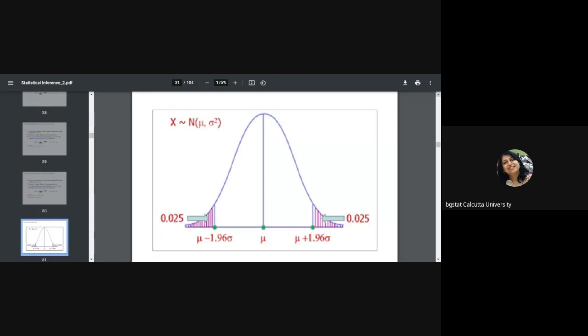It turns out that this value is 0.025. By symmetry, the probability in the lower tail below mu minus 1.96 sigma is also 0.025. So this value 0.025 is the probability of x being greater than mu plus 1.96 sigma. It's also the probability of x being less than mu minus 1.96 sigma.